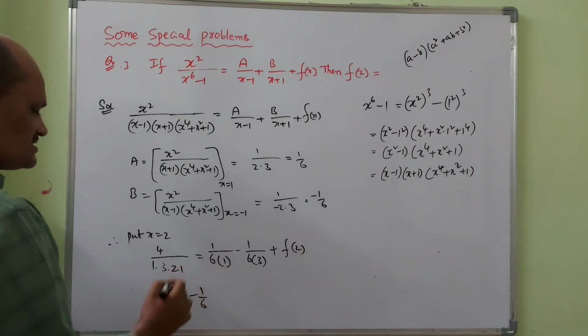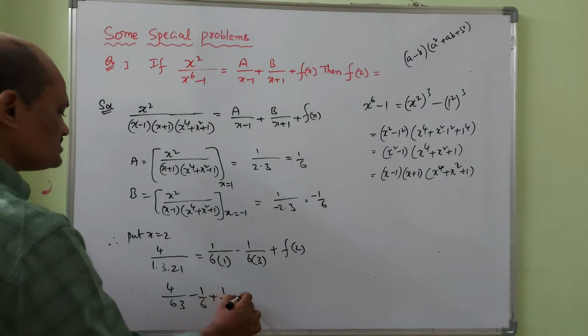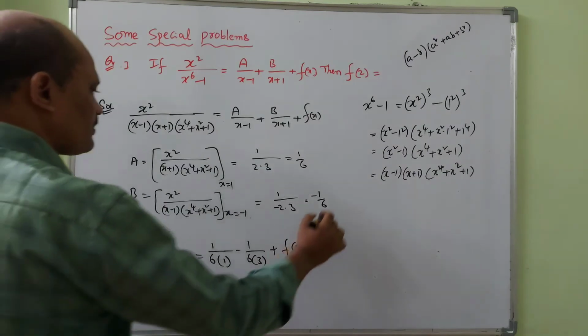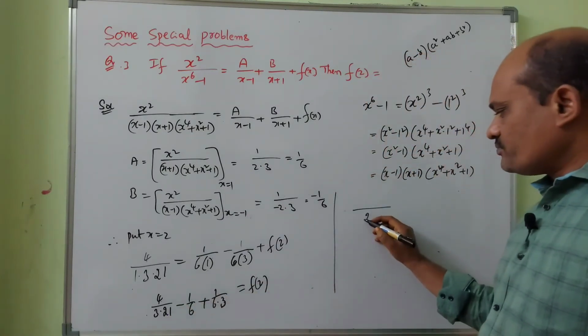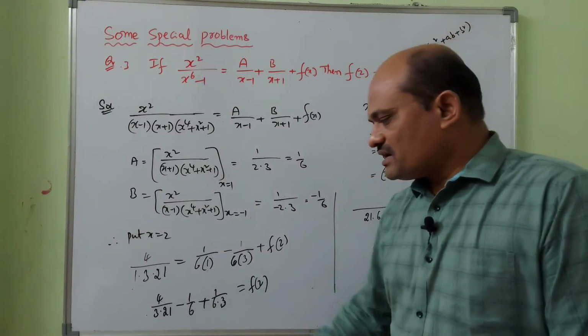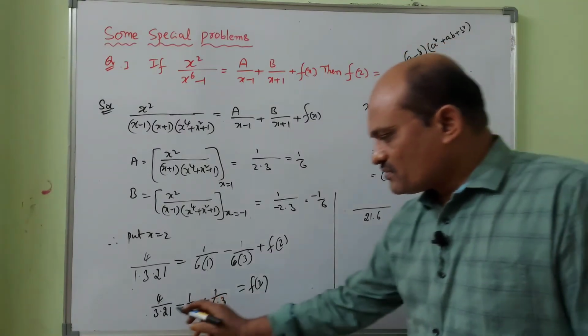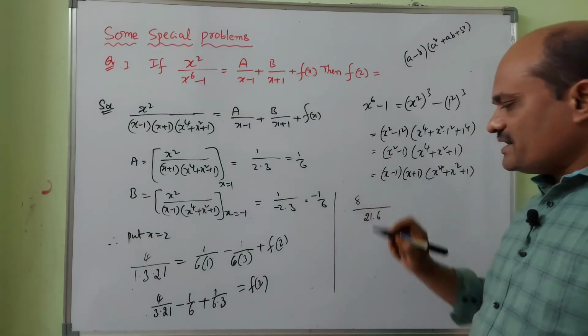4 by 63 minus 1 by 6 plus 1 by 18 is equal to f of 2. LCM is 21 into 6. Now what do you get? 3 21 cancel, you get 2 4s are 8.